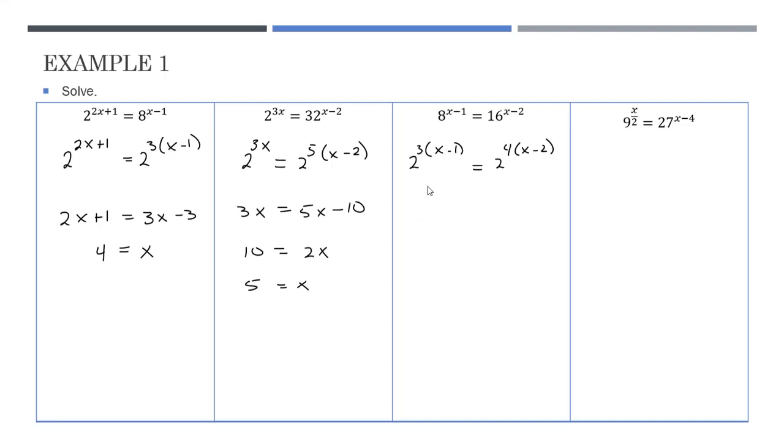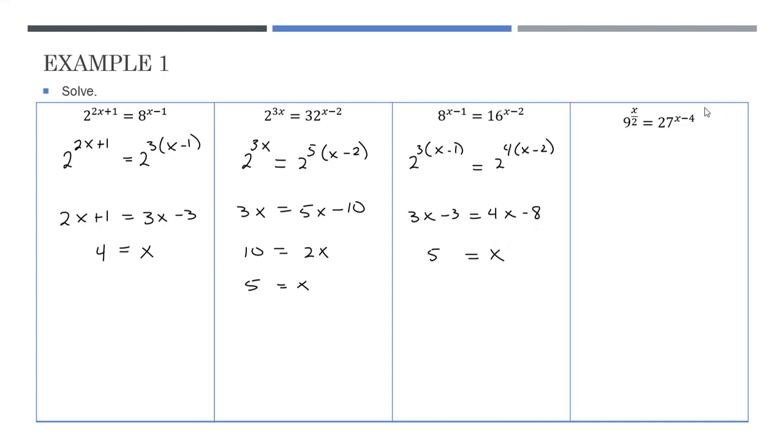Now we can write these exponents equal to each other. Again, I'll do that distributive property right now. So 3x minus 3 equals 4x minus 8. And I will subtract 3x from both sides and add 8 to both sides. So then I end up with 5 equals x.